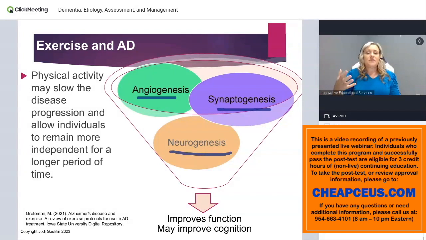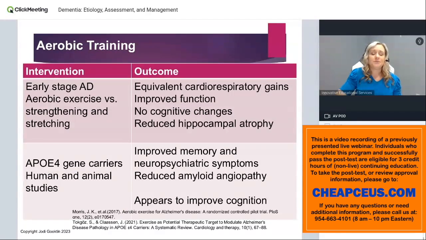What they're finding is that exercise in different forms can be helpful. It's not just one particular type of exercise; there are different types that are beneficial in this process. And again, the goal is to help preserve functioning for as long as possible for the individual.